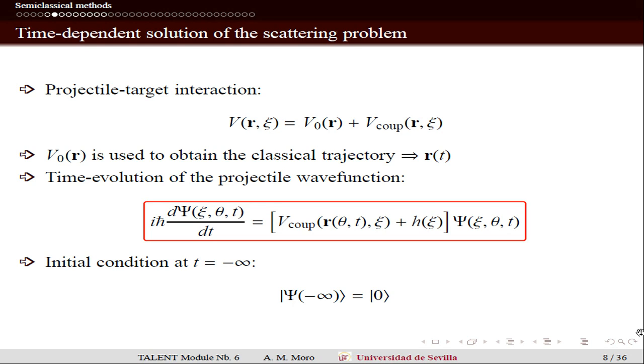Okay? Remember also that in our coupled channel discussion and so on, we all the time used this time-independent picture. Here it's more convenient to start from the time-dependent Schrödinger equation, because we have the time dependence here, so we cannot separate the time-dependent part so easily as we did in the coupled channels framework. Now we have the explicit time dependence on the potential.